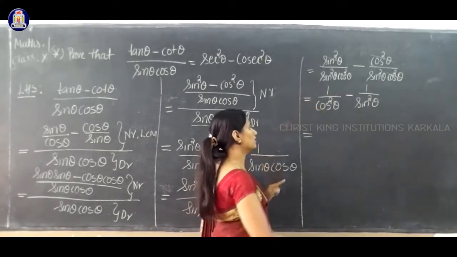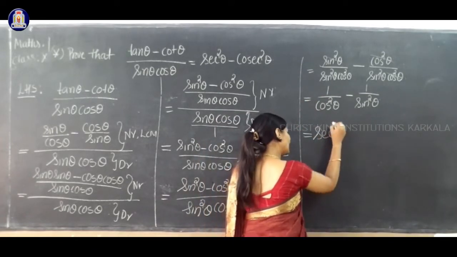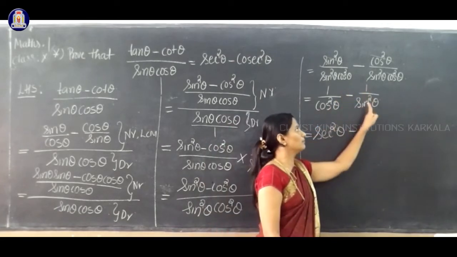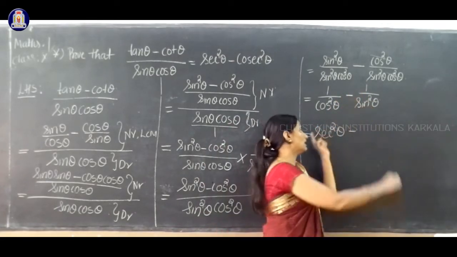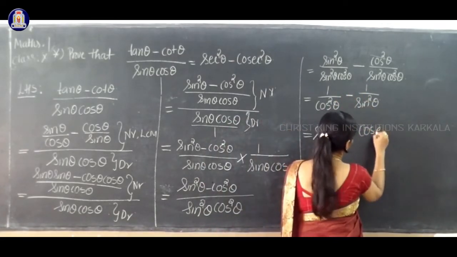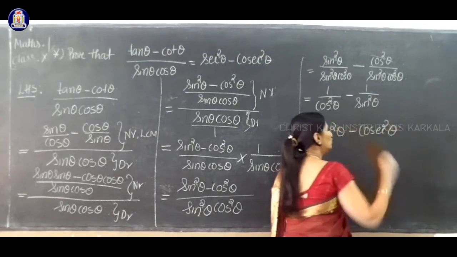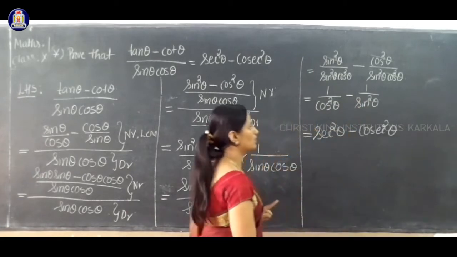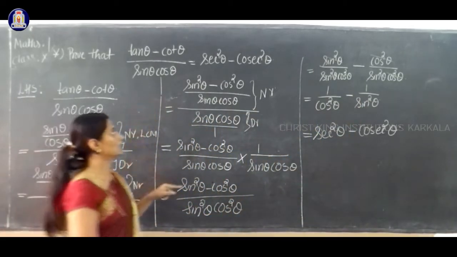1 divided by cos square theta is what? Secant square theta. Minus 1 divided by sin square theta. Is that equal to cosecant square theta? Yes, it is equal to cosecant square theta because 1 divided by sin square is cosecant square theta.